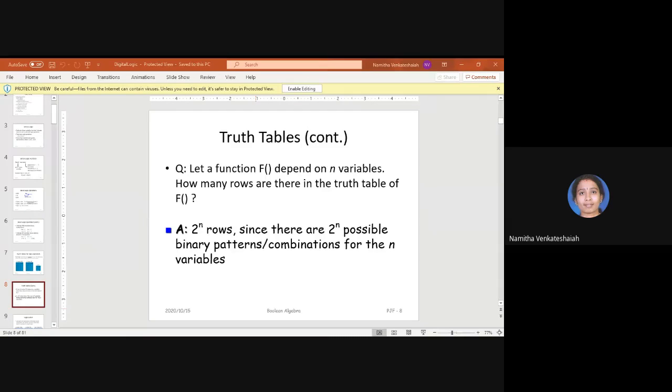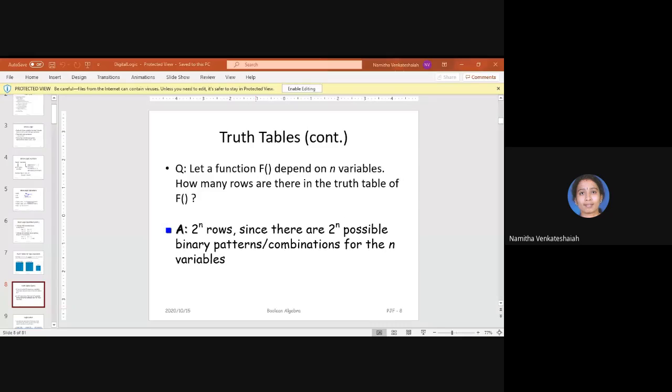Reply in the chat window. I repeat my question: if you are going to write the truth table for a Boolean function having n variables, how many rows do you have?